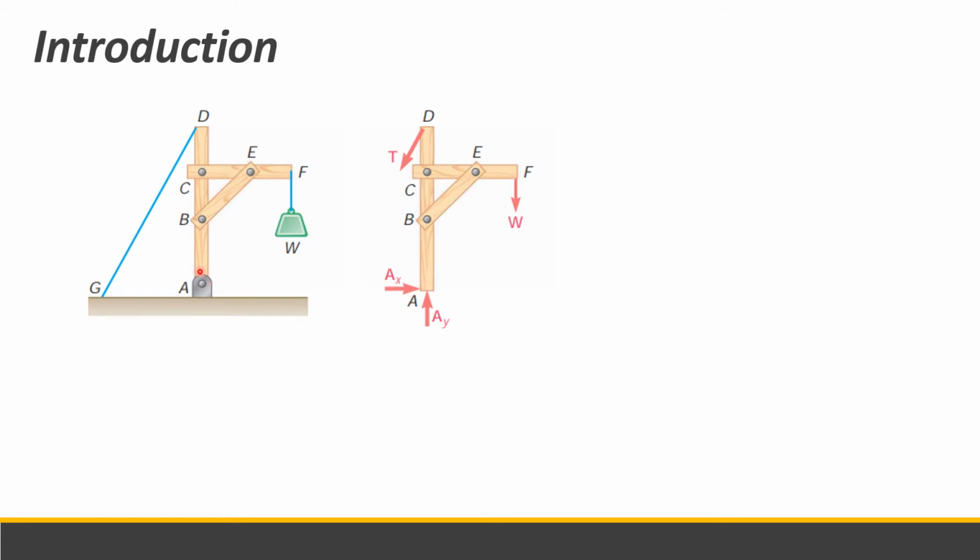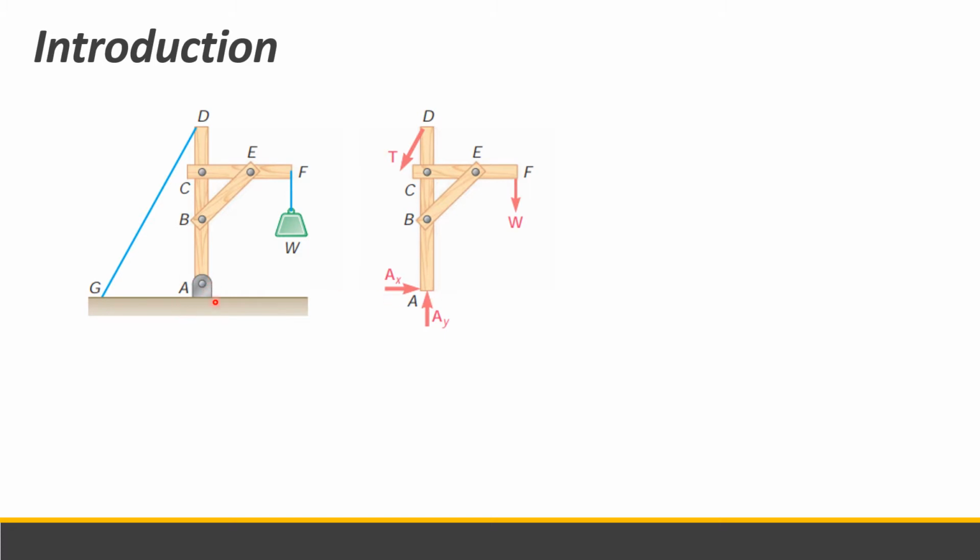Depending on the support, there could be 2, 1, or 3 reactions. Mamaya, i-discuss natin yung mga supports used and yung corresponding na mga forces or reactions acting doon sa support na yon.